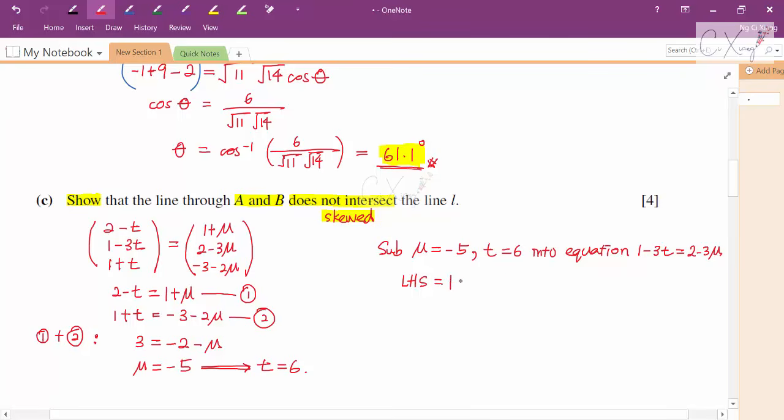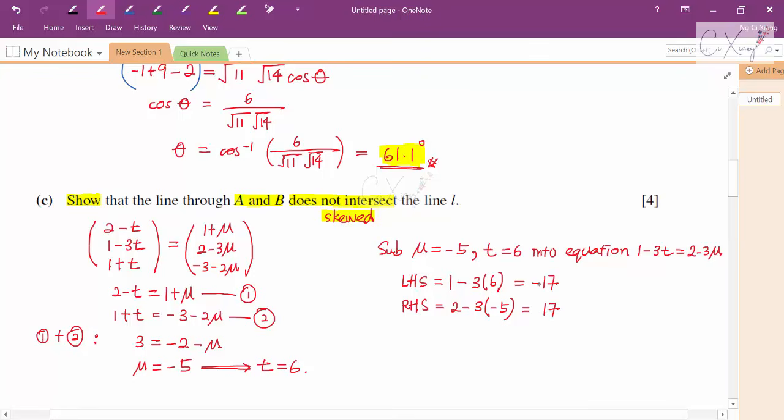The left hand side is 1 minus 3t, with t equals 6, and I get negative 17. For the right hand side, I substitute mu. So 2 minus 3 mu, with mu equals negative 5, and I get positive 17.